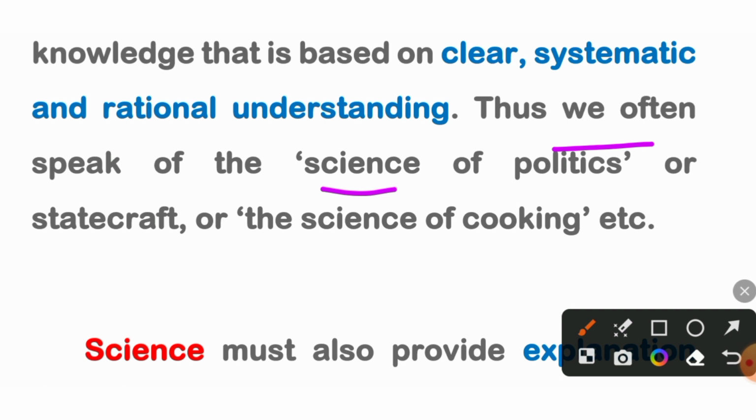The science of cooking means the methods, the systematic way of cooking something. Whenever we try to do something in a systematic way from A to Z, after adopting some given processes, that's called science or scientific method.